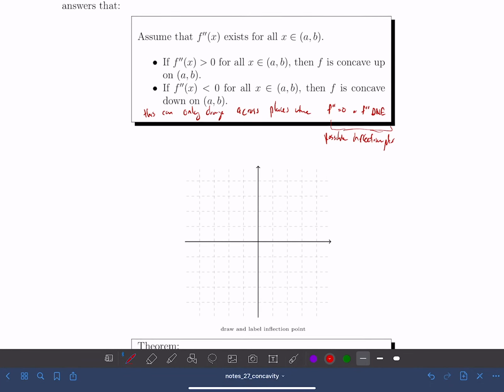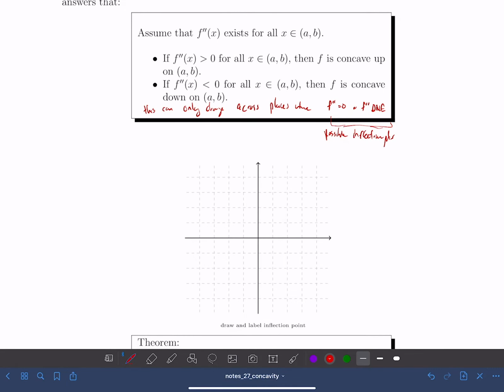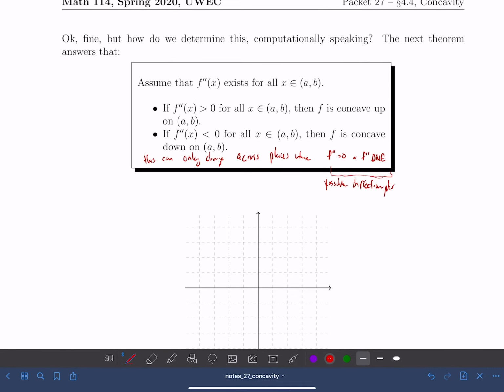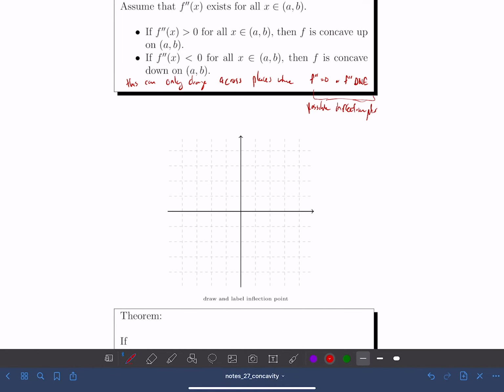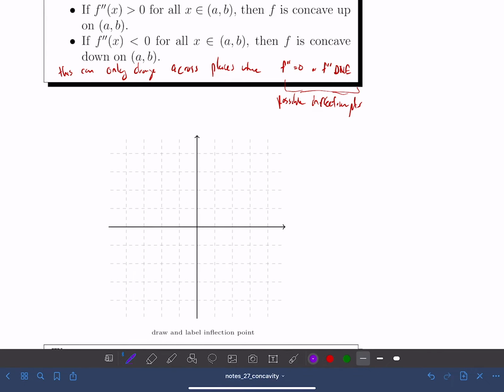So, yeah, I guess I need to define an inflection point. And then the theorem down below is going to tell you how to computationally do it. Okay, so let me give you a quick little definition.